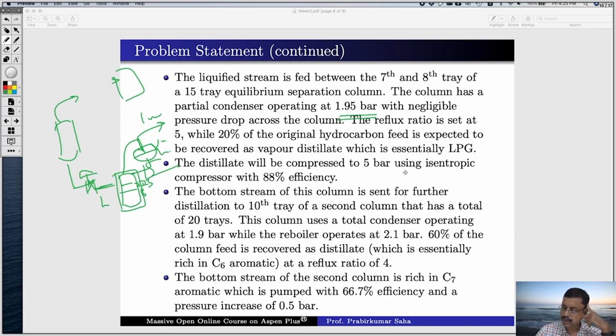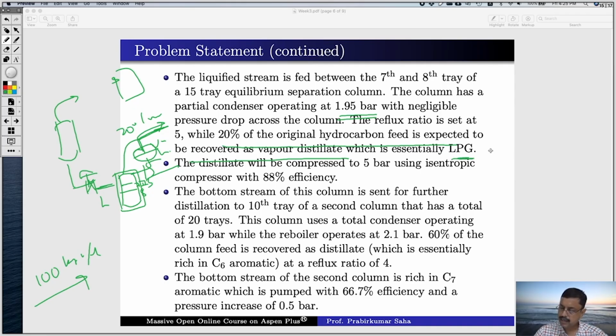While 20% of original hydrocarbon feed is expected to be recovered as the vapor distillate. So here it is 20% of the original vapor. So what was original? Original was 100 kilomole per hour, if you remember, just a few slides back. 20% of that will be recovered as the vapor distillate, which is essentially LPG.